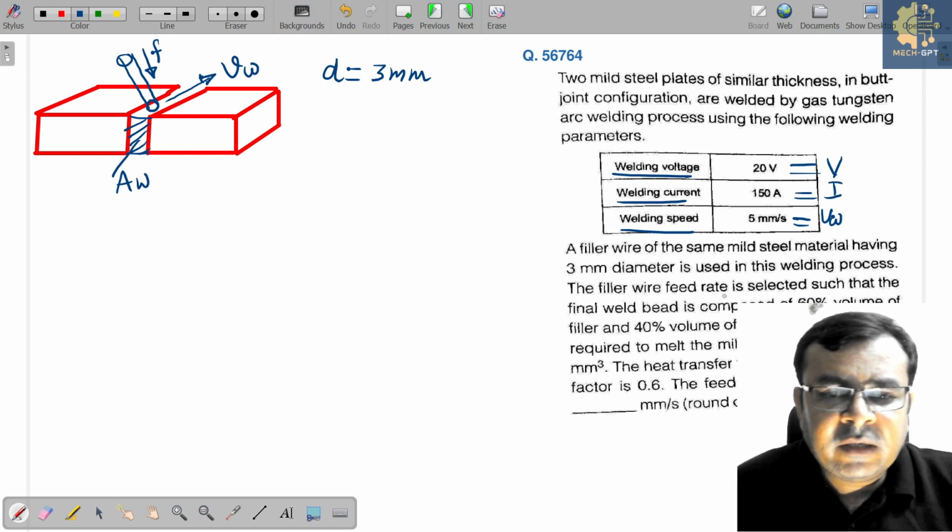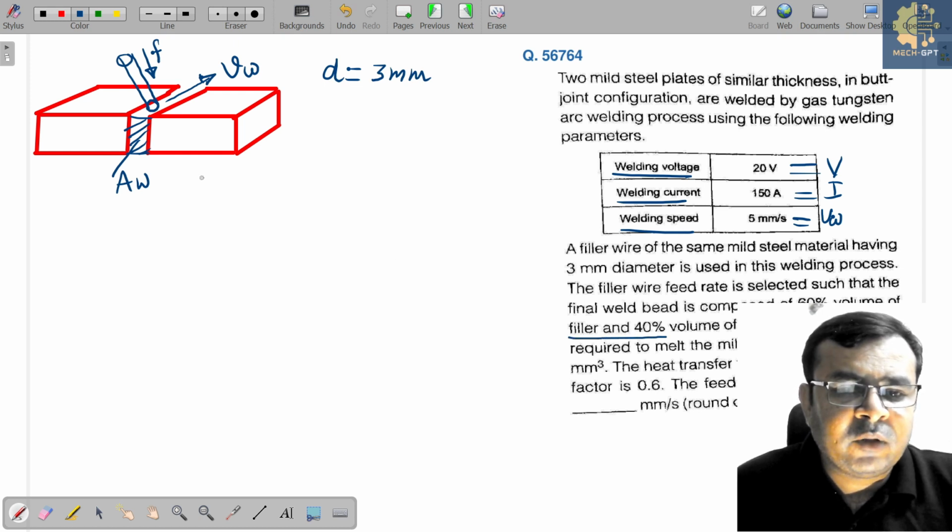And the filler wire feed rate is selected such that the final weld bead is composed of 60% volume of filler and 40% volume of base plate.